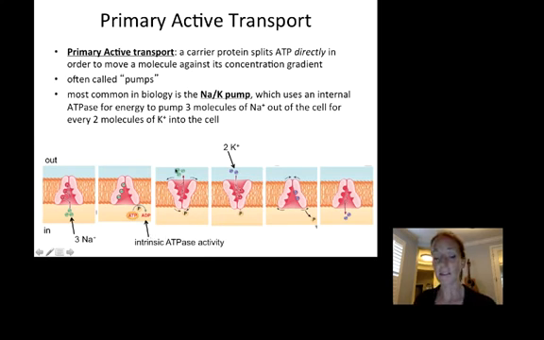It doesn't matter if sodium is already high on the outside of the cell, or if potassium is already high on the inside of the cell. Completely independent of the gradient, the sodium-potassium pump will establish sodium outside, potassium inside. And it requires energy to do that because you can no longer use the energy of the concentration gradients.